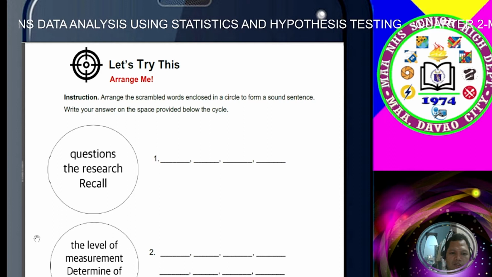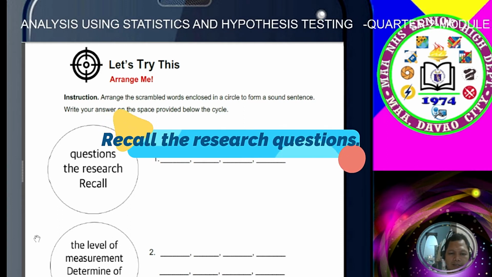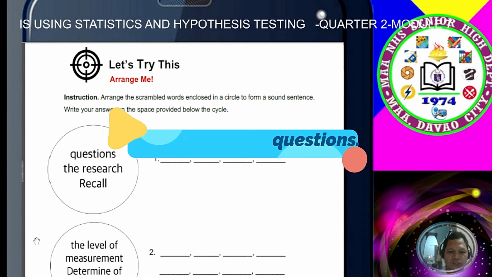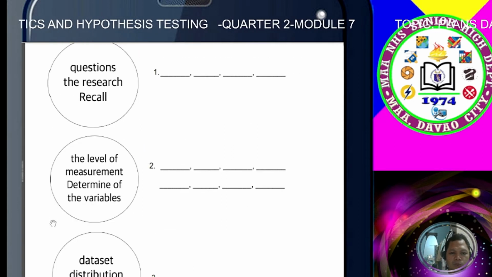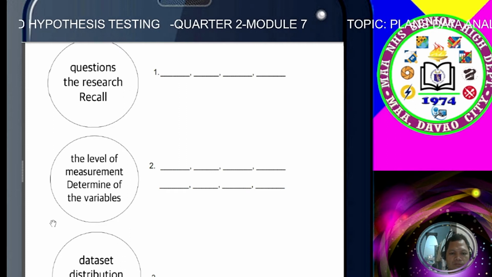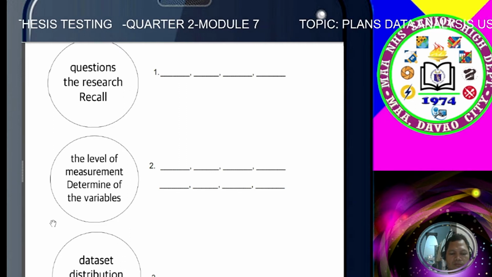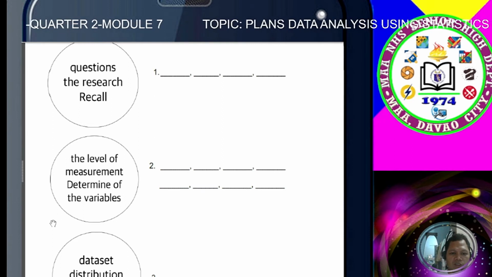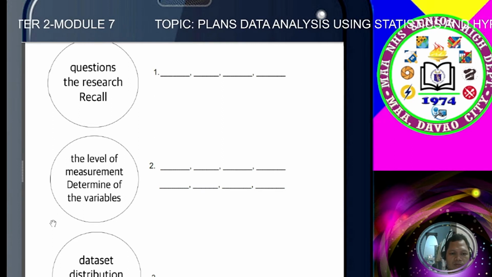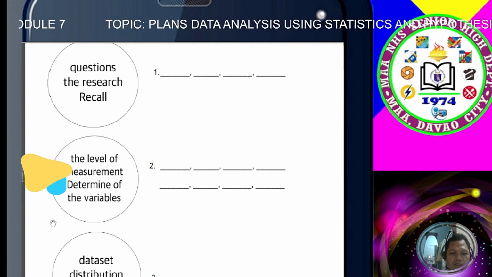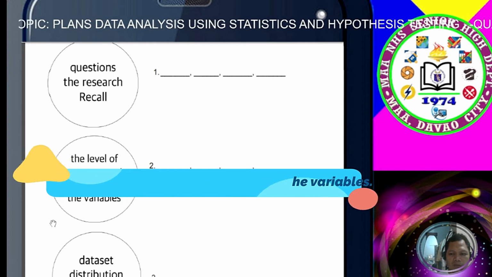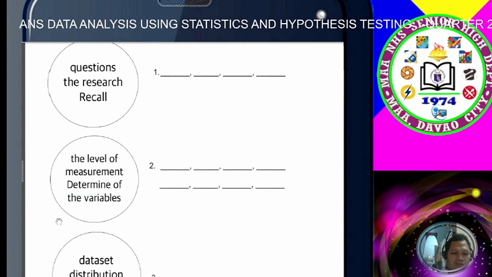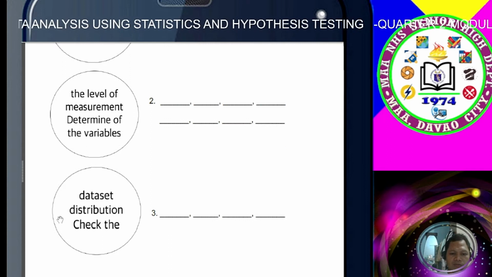The correct answer is: recall the research questions. I hope you got the correct answer. Number 2, what do you think is the answer? The answer is: determine the level of measurement of the variables. Let's proceed to number 3.